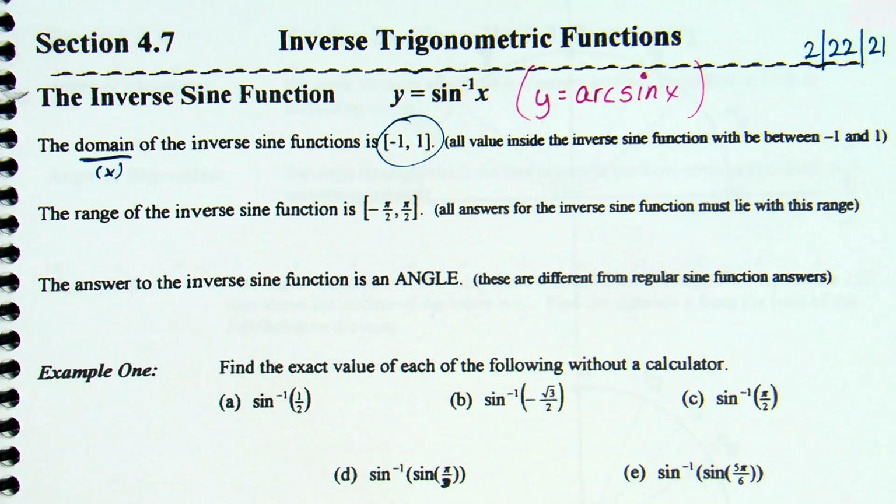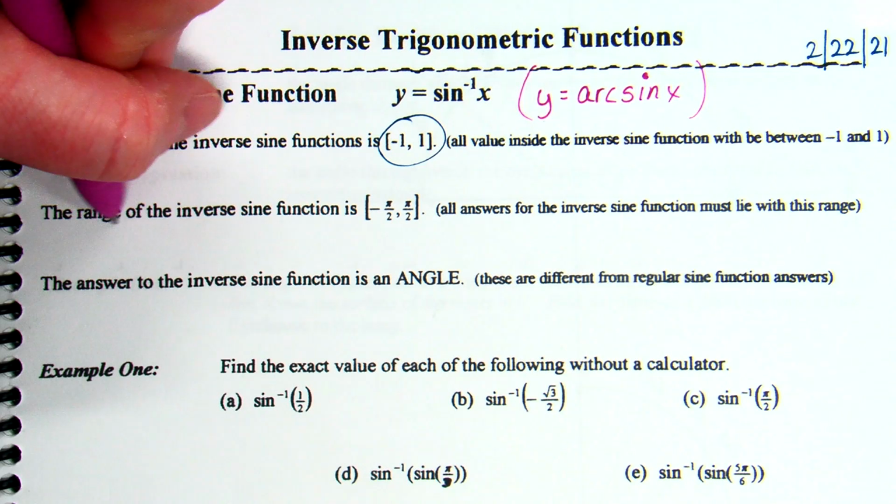So when you are putting values into an inverse sine function, they have to be between negative 1 and positive 1. If they are outside of that interval, then you can't do the inverse sine of that number. It's just not possible.